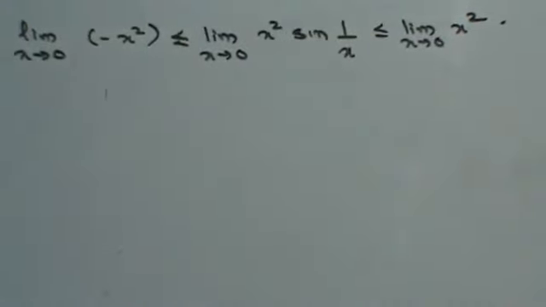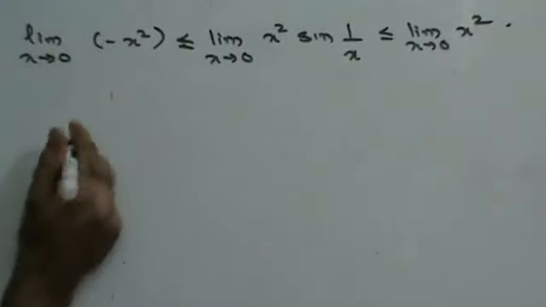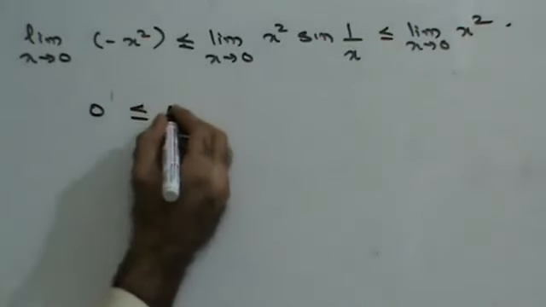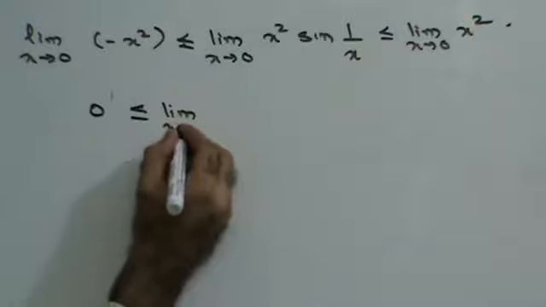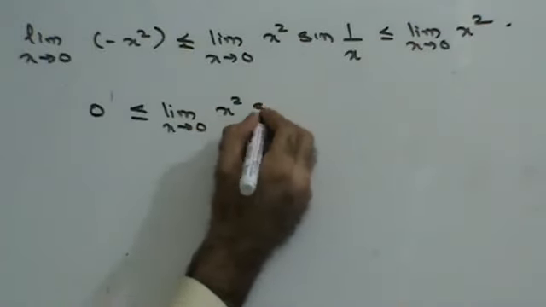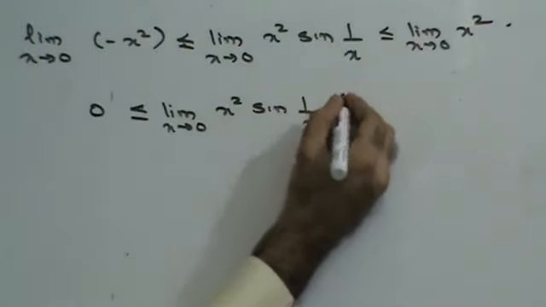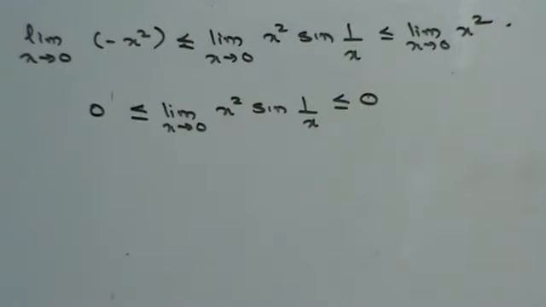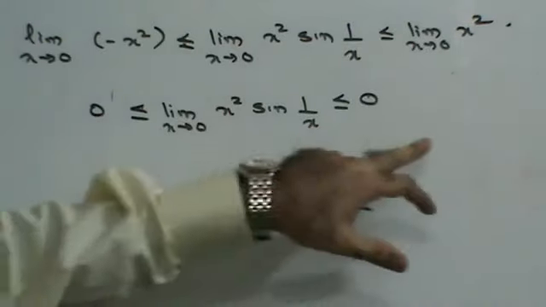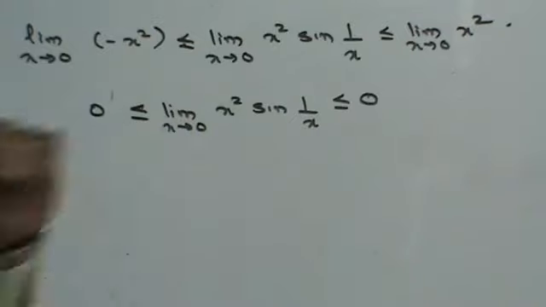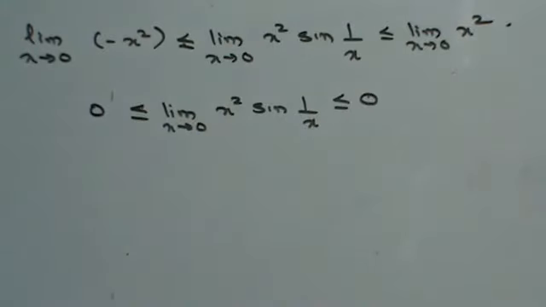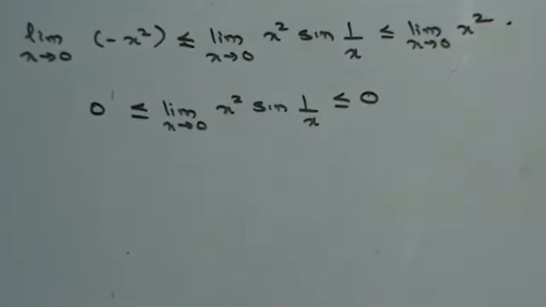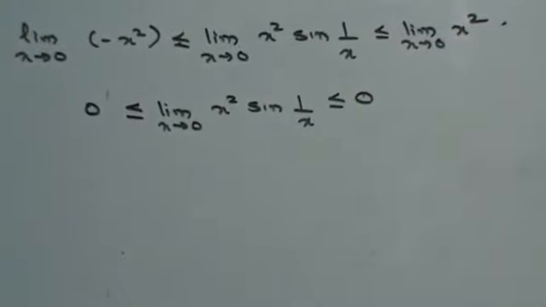Right? Substitute the value. If I substitute x as 0, I'll get 0 is less than equal to limit of x tends to 0, x square sine 1 upon x is less than equal to 0. It is greater than 0, less than 0. Not possible. So the only possible solution I can have for this particular equation is when the value is equal to 0.